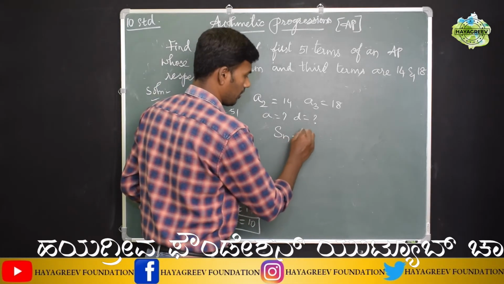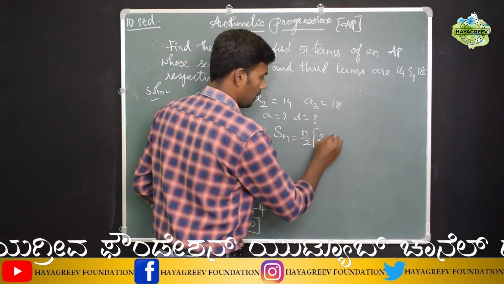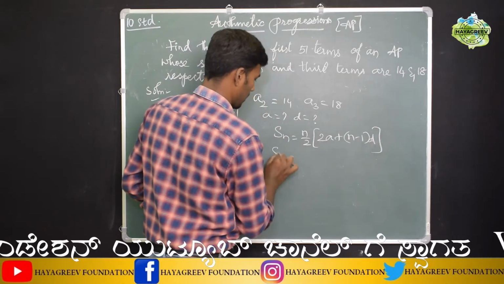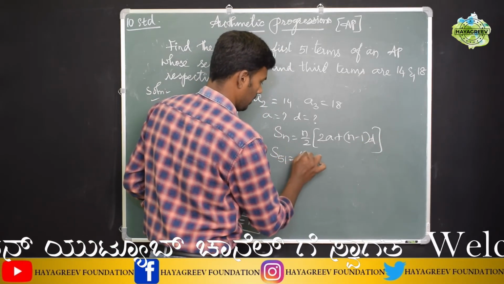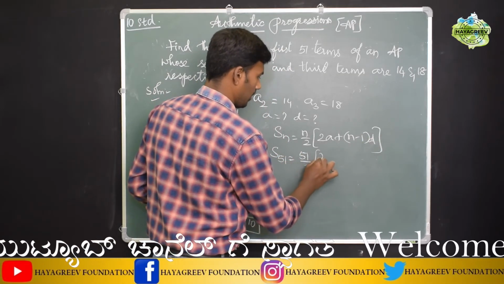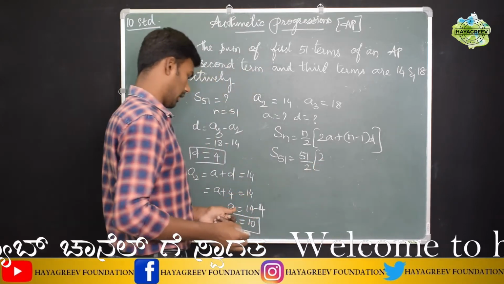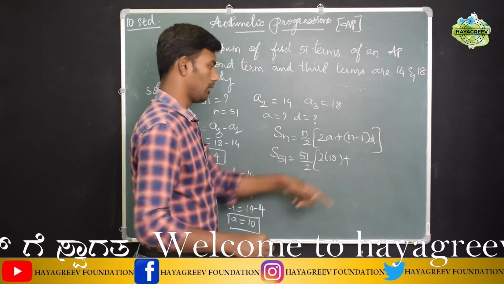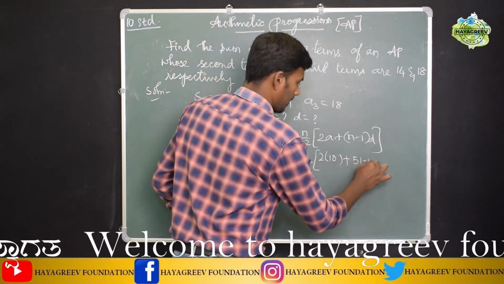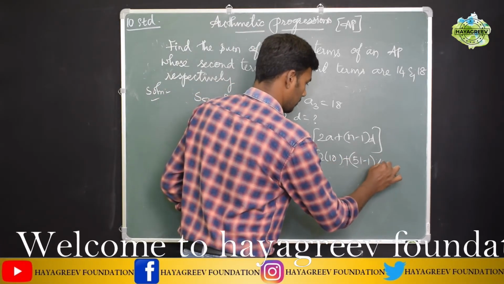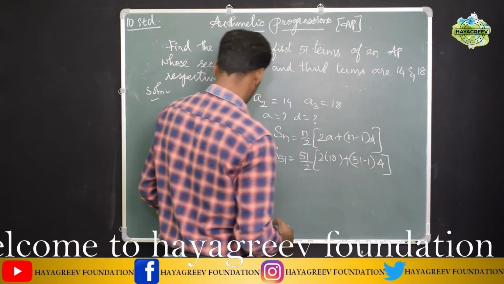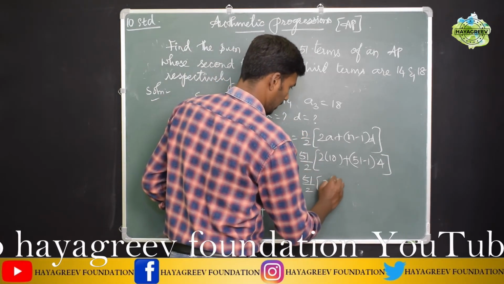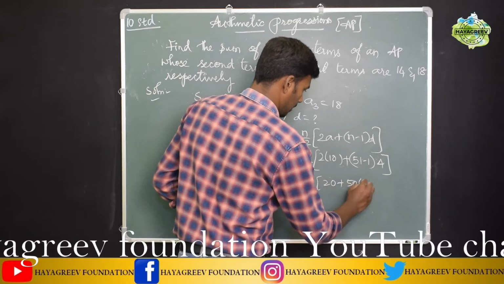So Sn is equal to n by 2 into 2a plus n minus 1 into d. So S51 is equal to 51 by 2 into 2a, a is 10, plus 51 minus 1 into d, which is 4. So 51 by 2 into 20 plus 50 into 4.